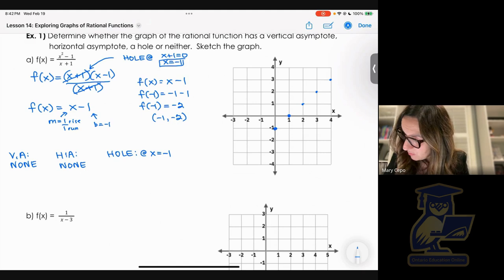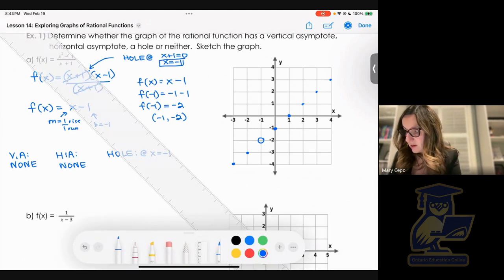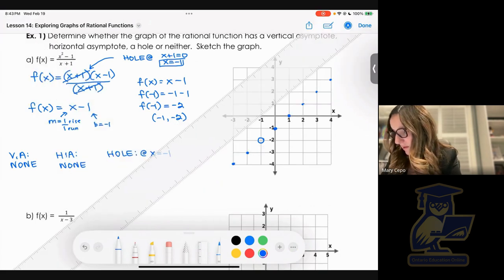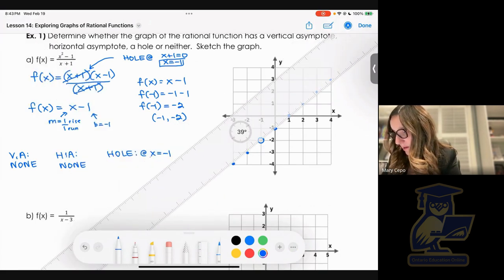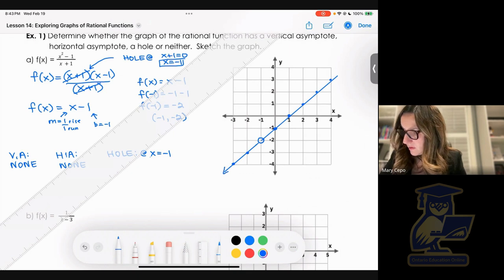So when x is negative 1, we're going to have an open circle indicating that the function does not exist at that point. So taking a ruler, we're going to connect our line, keeping in mind the function exists up until that point, but not at that point. You can use the original or the simplified.